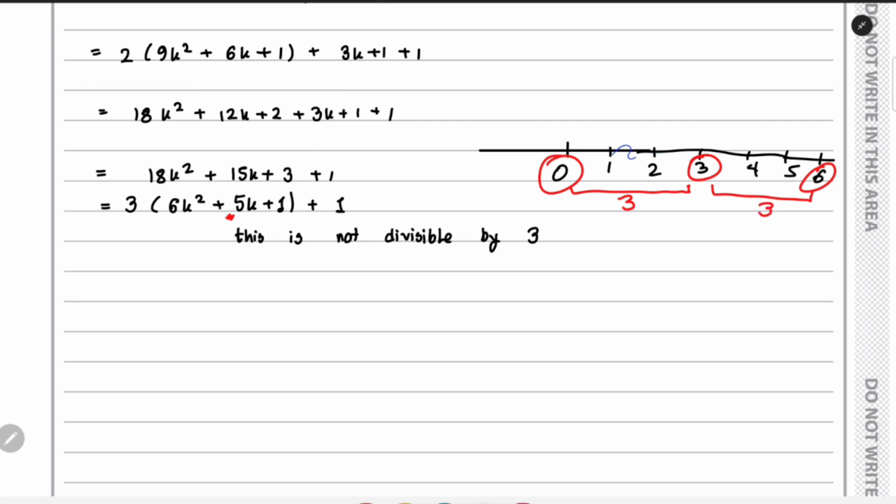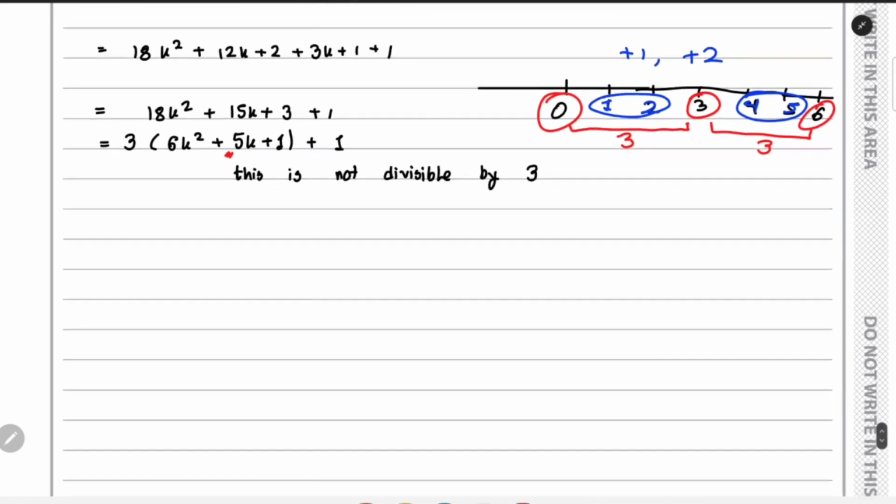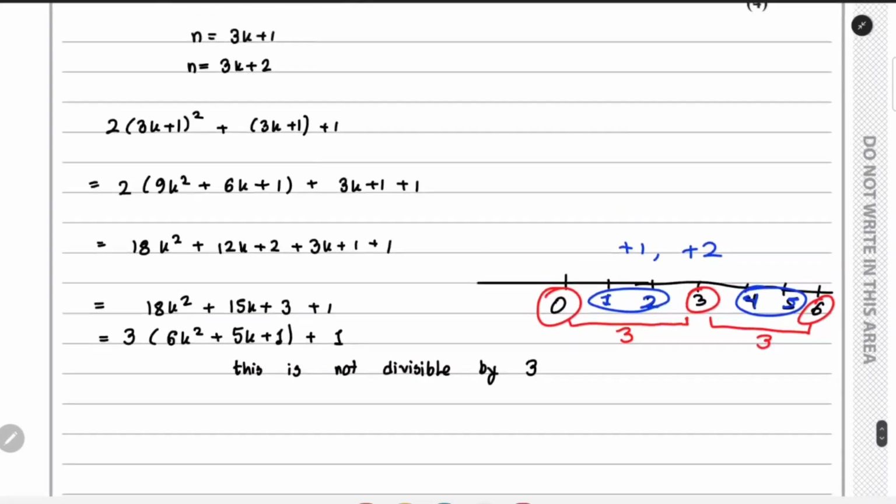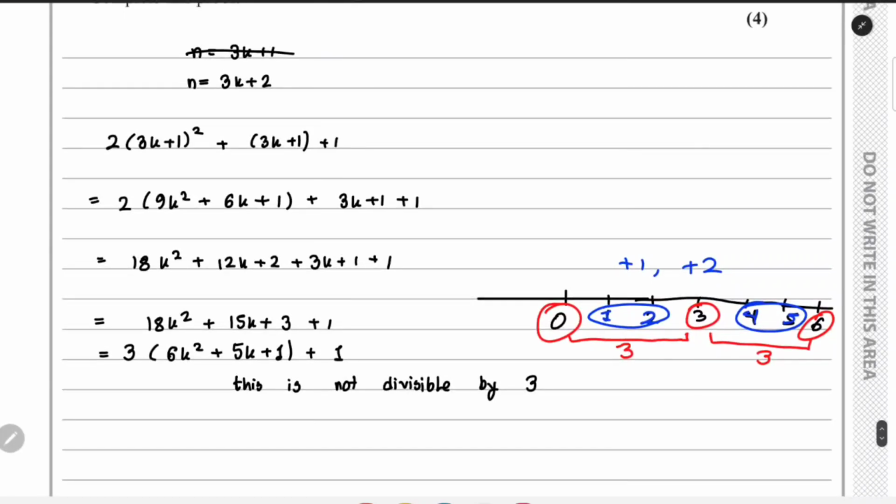So if a value falls in between that, so if we add 1 or 2 to a multiple of 3, it will not be a multiple of 3. It will be values like 1, 2, 4, 5, 7, 8, 10, 11, values like those which are not multiples of 3, which fall between the multiples of 3. So this is shown for 3k plus 1.